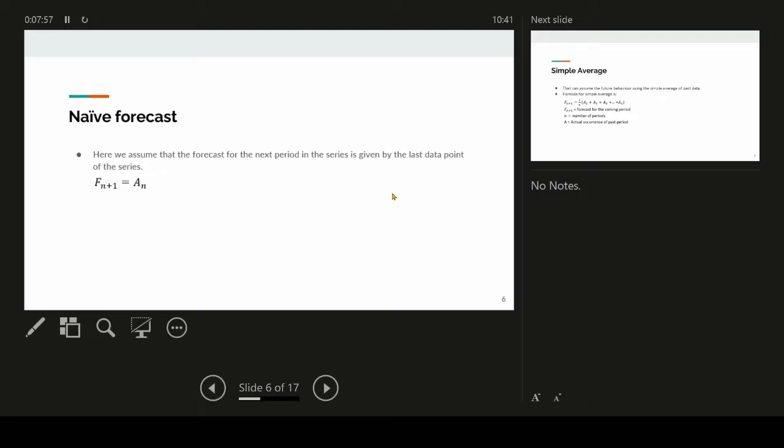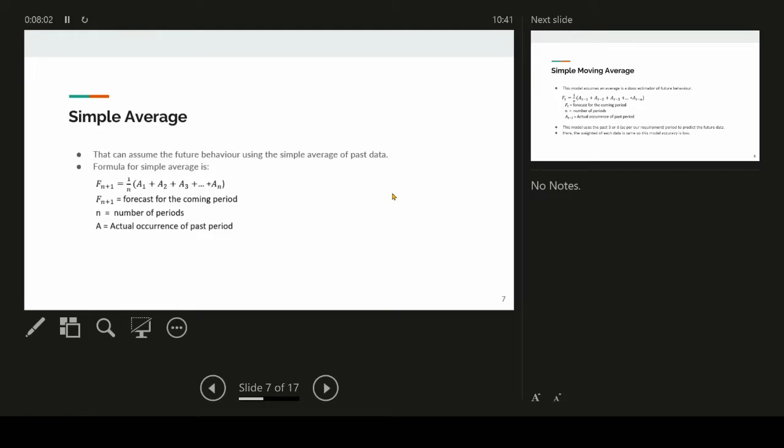You can see here, this is the simplest naive forecast. Now we have to move forward to make the accuracy higher. So we look at the simple average model.